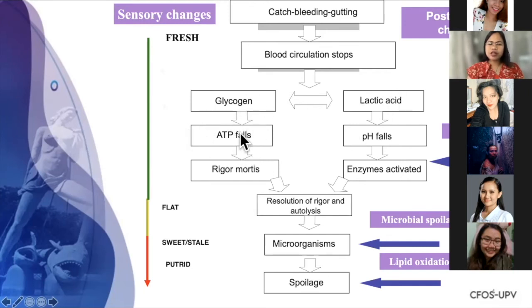The ATP levels will fall or mag-decrease. There will be accumulation of lactic acid, and that will result to a pH level in fish tissues close to acidic or around 6, no? And there will be activation of enzymes at that particular pH.